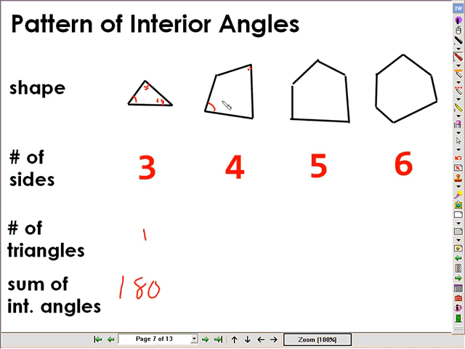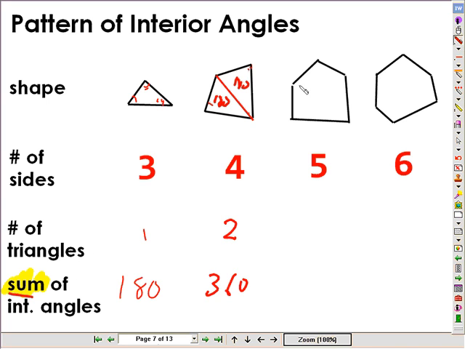Well, that might not be as obvious. But what can be obvious is we can take this shape and break it into 2 triangles. And now we know that we have a triangle here, so with 2 triangles, 180 degrees per triangle, 180, 180, that's going to make a total of 360 degrees as a sum. Key word here is the sum of the interior angles.